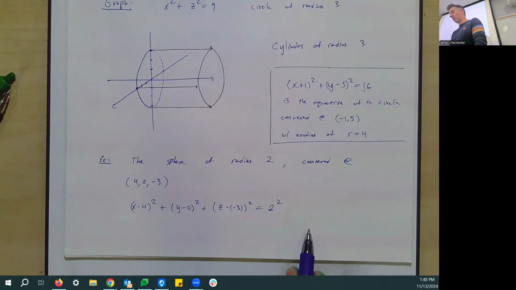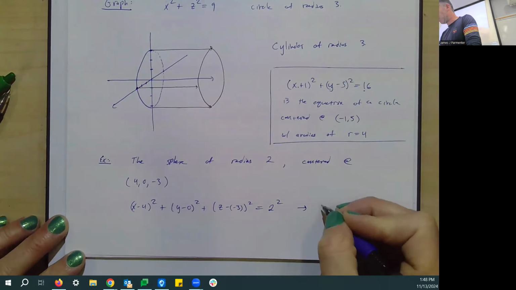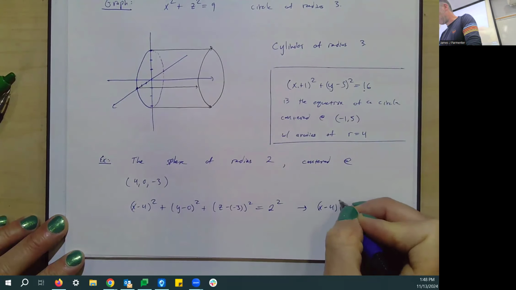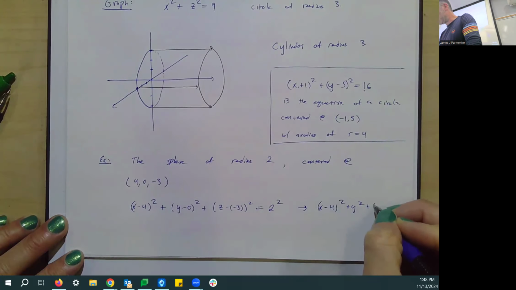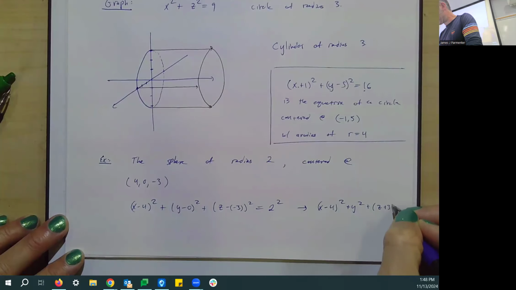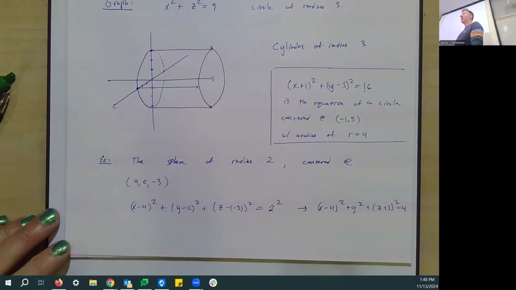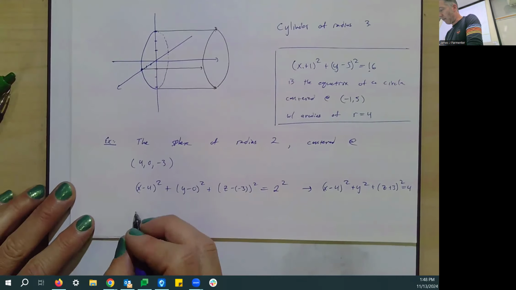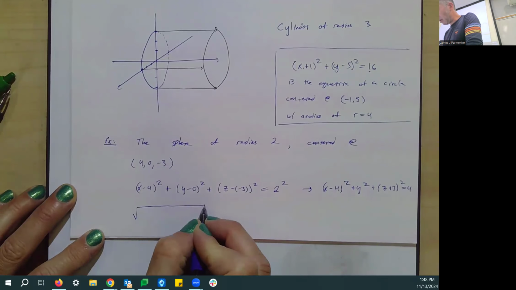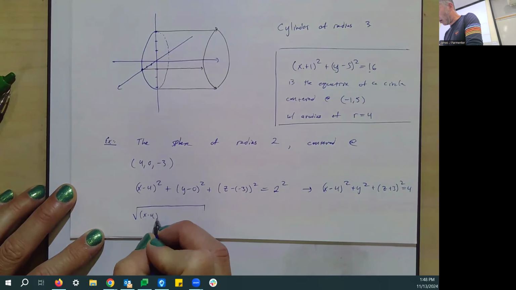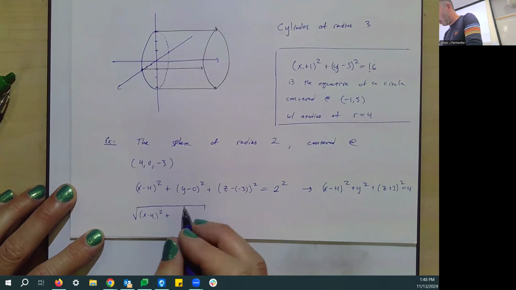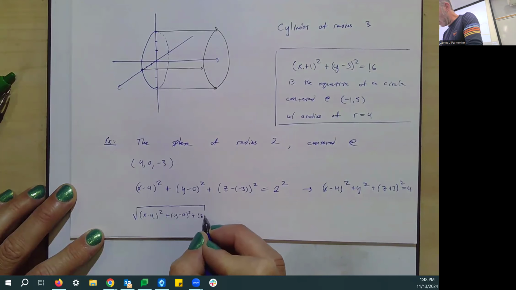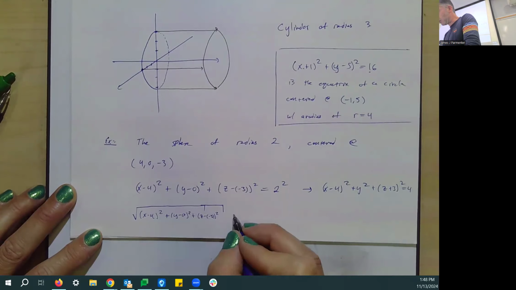So you could, although I don't really want to, I really want to write this the nice way as x minus 4 squared plus y squared plus z plus 3 squared equal to 4. I will point out that if you took the square root of both sides, and I'm going to do it even though I don't want to, you have that the square root of x minus 4 squared plus, I'm going to write it this kind of gross way, y minus 0 squared plus z minus negative 3 squared, sorry, that looks terrible, I hate when I do that, equals 2.